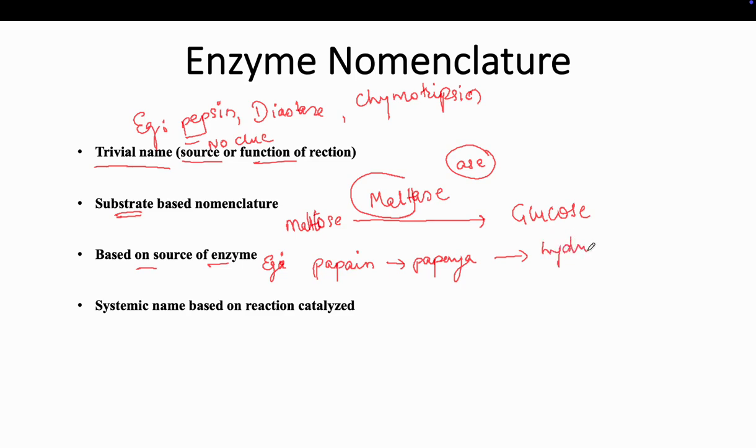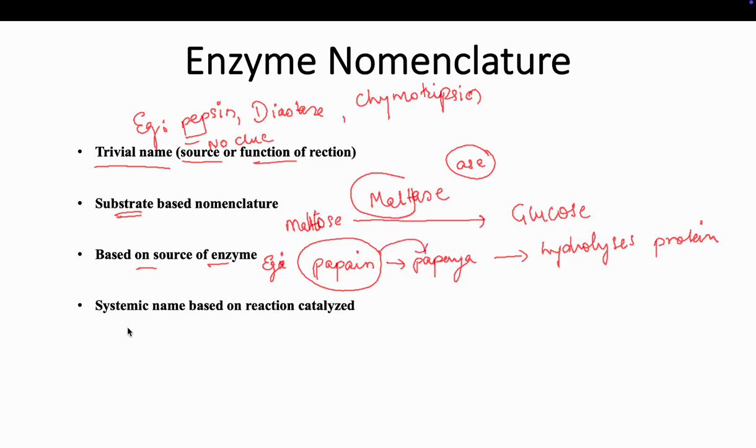So papain came from papaya. This tells us about the source of the enzyme. That's why the name papain, because it came from papaya.